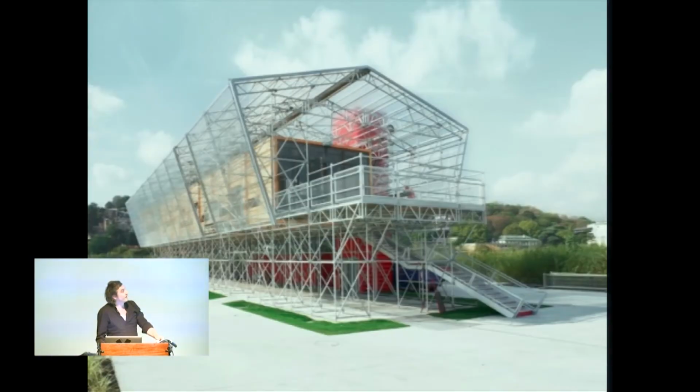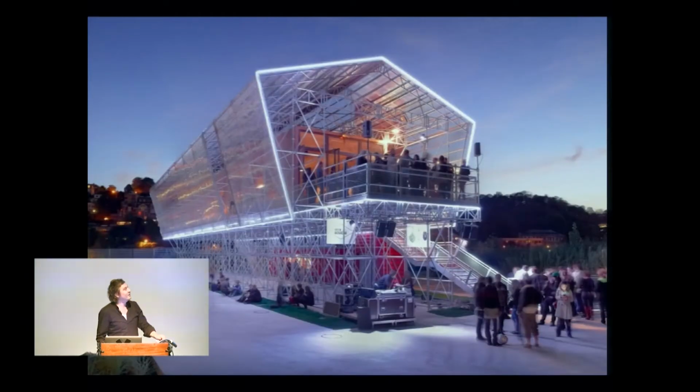So this is the project at the end, and of course at 1024 Architecture we like to enhance the project with light. So we used a flexible neon tube to redraw the project on itself.